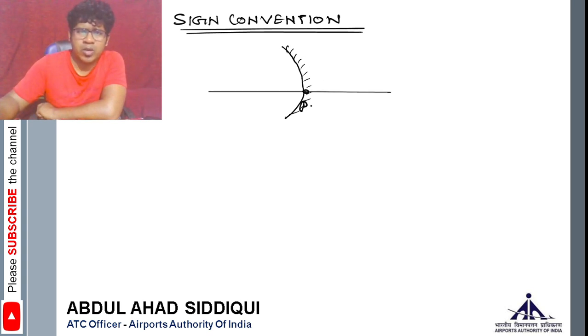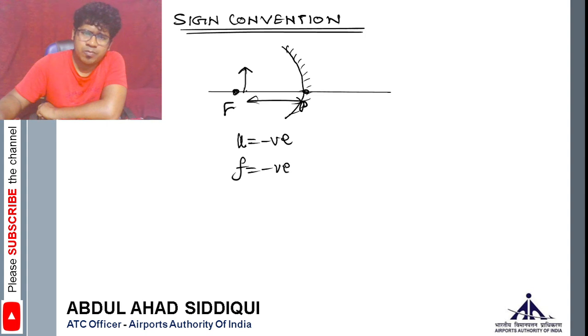Consider the pole as the origin. Let's say the object is here, in the left direction, so u will be negative. The focus will also be to the left, so f will also be negative. Let's say the image is formed here; then v will also be negative in this case.